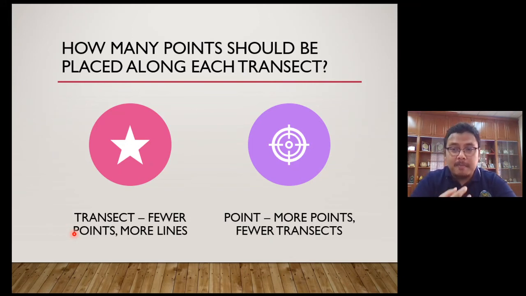This design maximizes the number and interspersion of sampling units throughout the sample area. But if you use the point as your sampling unit, using more points and fewer transects may be advantageous.